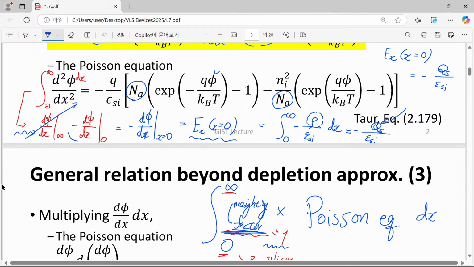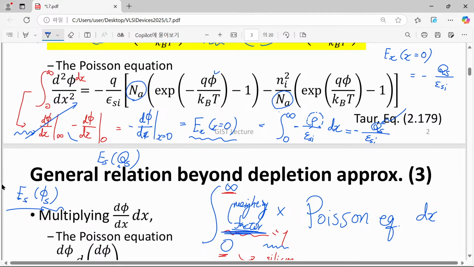Please note that the main driving force for this tedious calculation is that we wanted to find the relation between surface field and surface potential, but the result we obtained by simply integrating the Poisson equation is the relation between surface field and net charge.